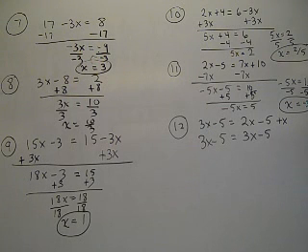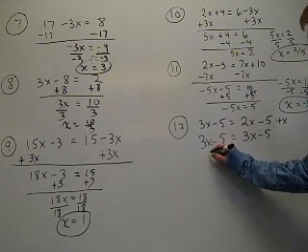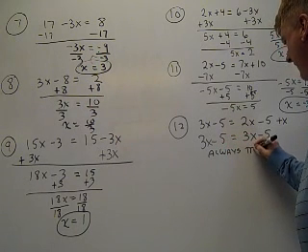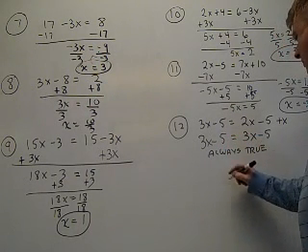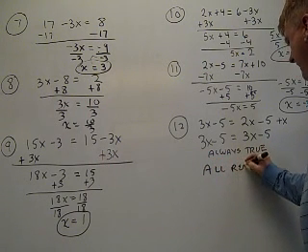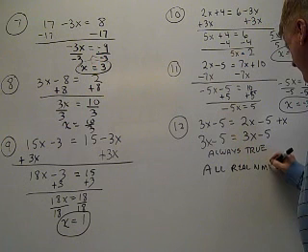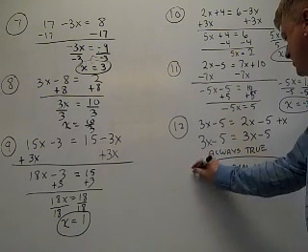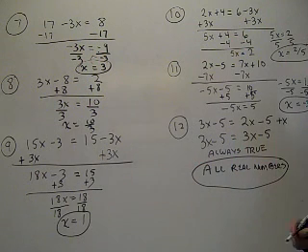Is 3x minus 5 ever not equal to 3x minus 5? No. So you've got a statement that is always true. And statements that are always true have all real numbers as their solution. That is what the textbook referred to as an identity.